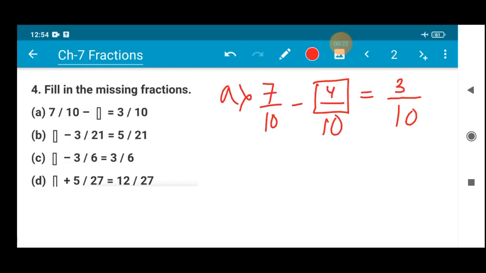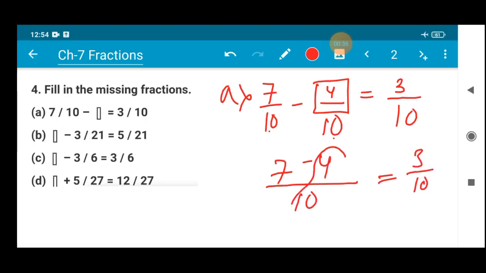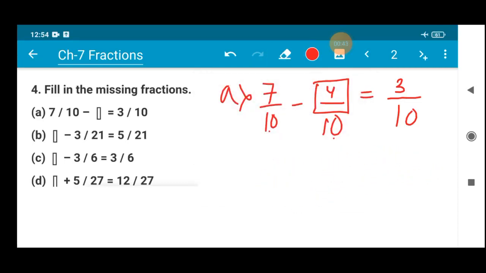So here it should be 4, because the denominator is 10, same denominator. And 7 minus 4 by 10 will give us 3 by 10. So the missing fraction is 4 by 10.